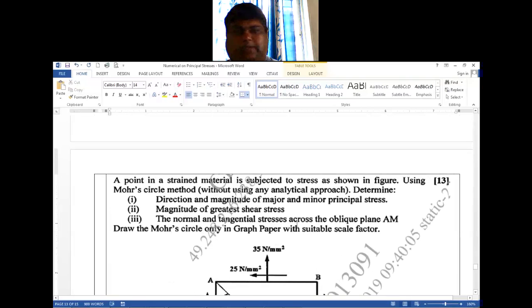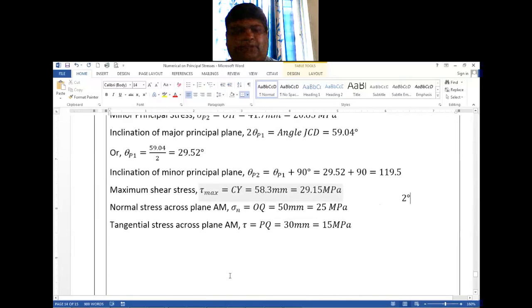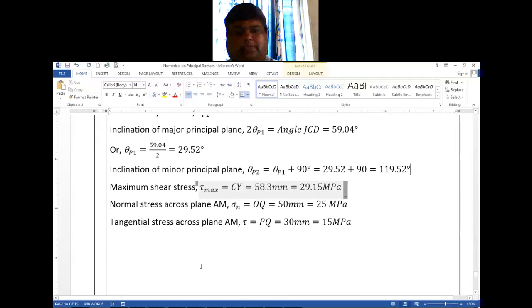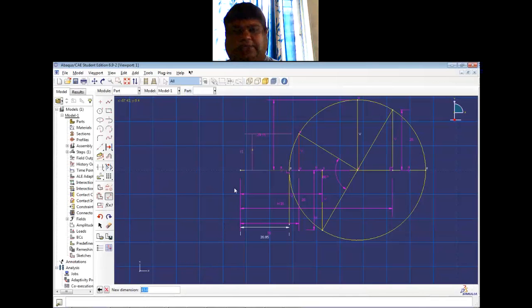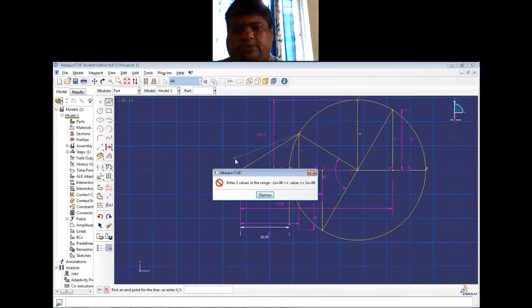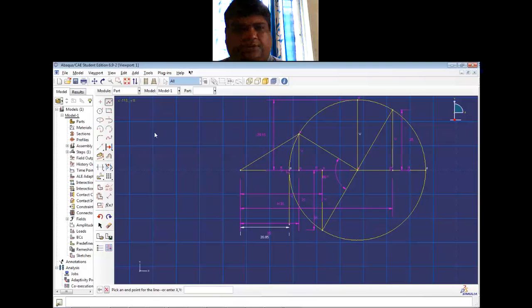The normal and tangential stress across the oblique plane AM. So we have found normal and tangential stress. In case if they ask resultant stress, then it will be line joining these two. Let me just do that also. Just join O and P like this.